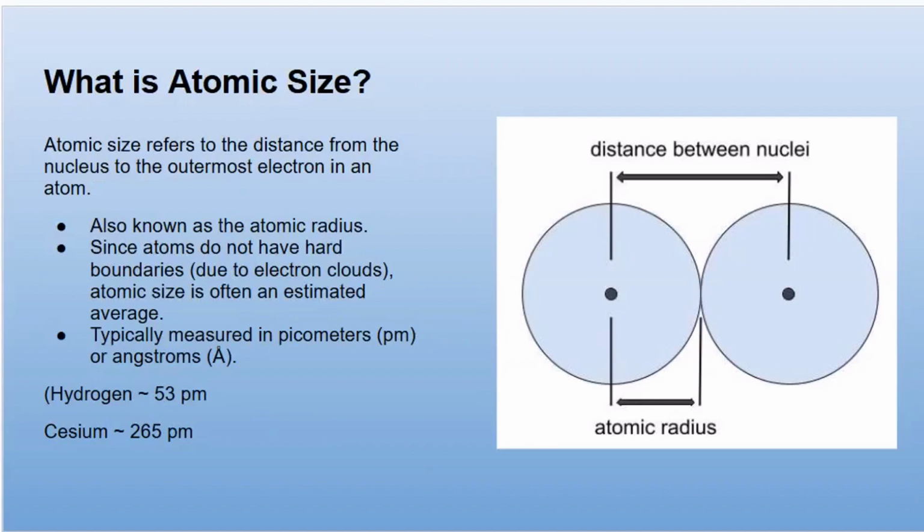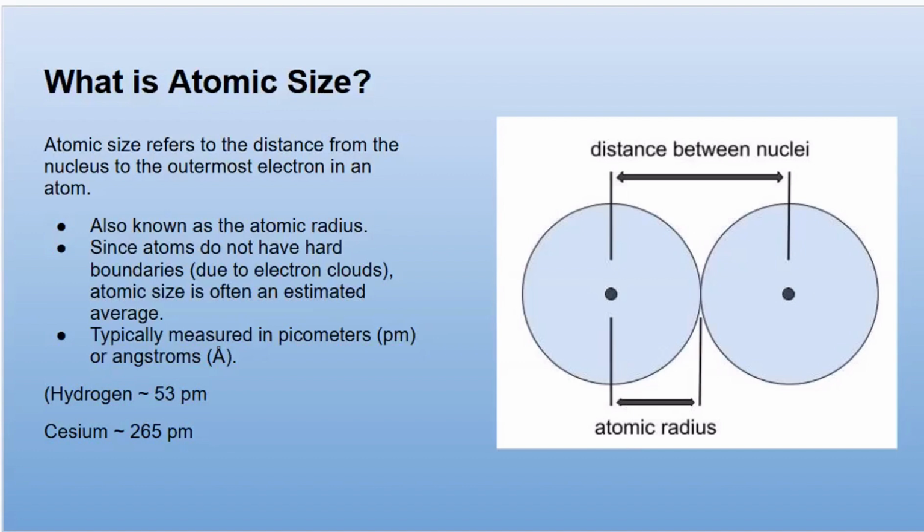Well, it's basically the distance from the center of an atom, the nucleus, to its outermost electron. Since atoms don't have solid edges because electrons move in clouds, atomic size is a kind of best estimate. Scientists call it the atomic radius. It's super tiny.